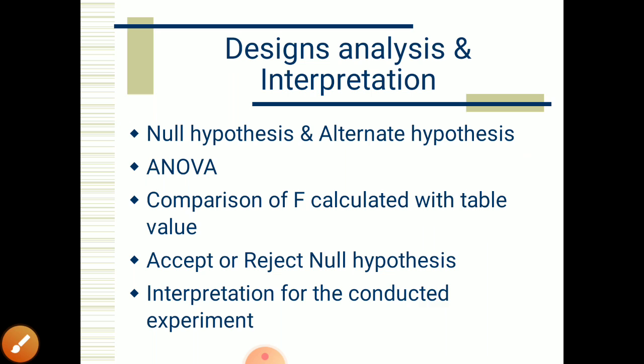On the basis of this last point, that is acceptance or rejection of the null hypothesis, you interpret the conducted experiment. I said in the beginning that there is no difference between milk production of Amrut Mahal and Hallikar cattle. After conducting the experiment, recording the milk production, subjecting the data to analysis of variance, calculating the F value, and accepting or rejecting: if you accept the null hypothesis, it says there is no significant difference.